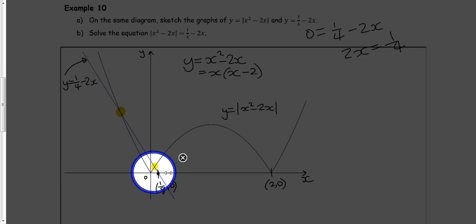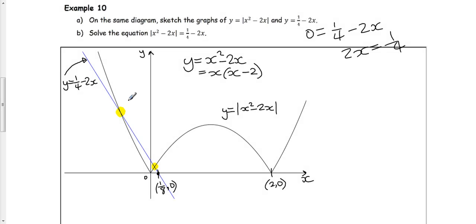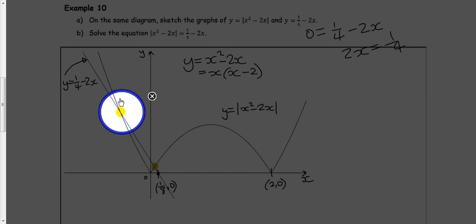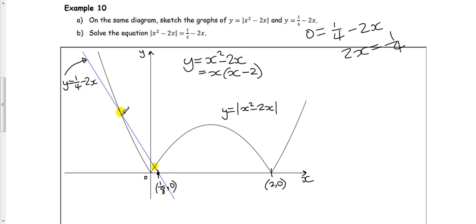That's why I marked on the x-coordinate of where the straight line went through the x-axis, because I could see the intersection point was somewhere between them. As for the other intersection point, we don't know anything about that at the moment, other than x is definitely negative there. Let's get on to solving them.